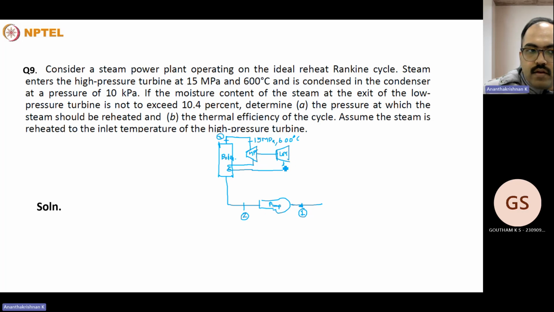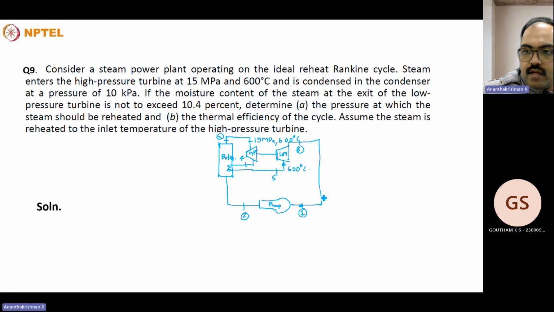And the entry to the low pressure turbine will be at the same temperature of 600 degrees Celsius. So this you can denote as state point 4 and this is state point 5. And the exit of the low pressure turbine will be at state point 6.